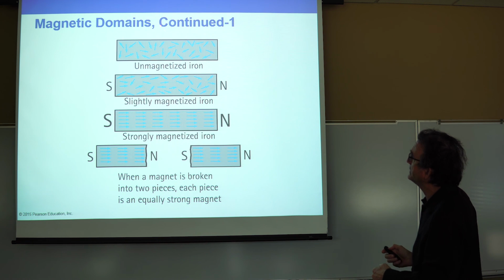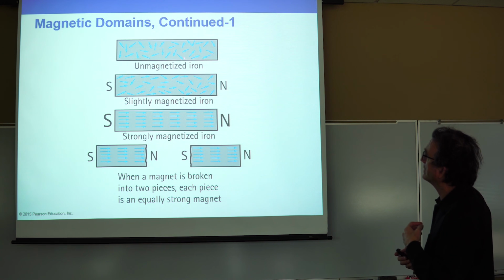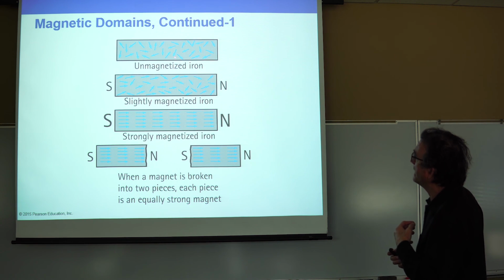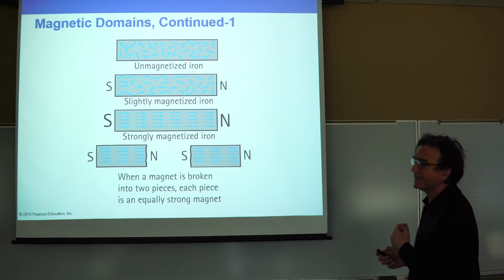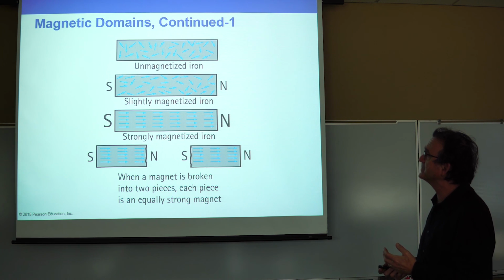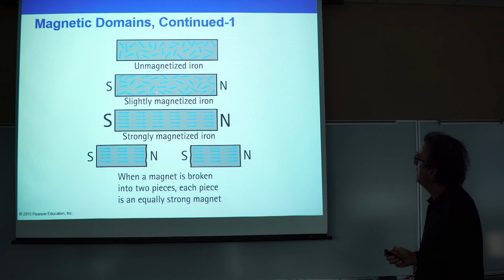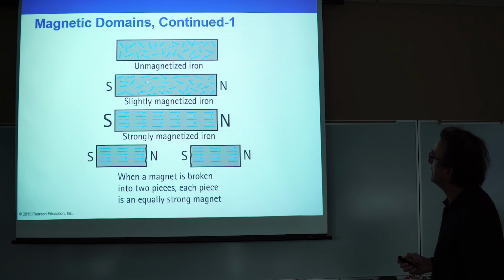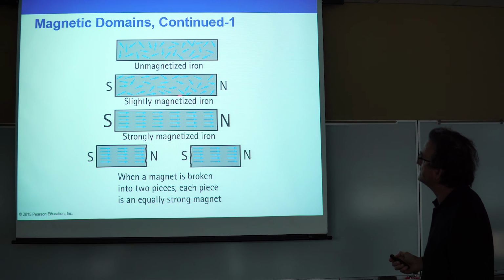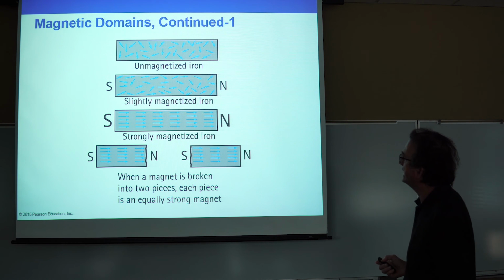And so I get these regions where I have uniform alignment creating a local magnetic field, but if I look at the magnetism due to the whole piece put together, then it will not have any significant magnetization. So if I now place it in a magnetic field, I begin to align some of the magnetization within the domains in a direction that tends to be in the direction pointing of the applied magnetic field.